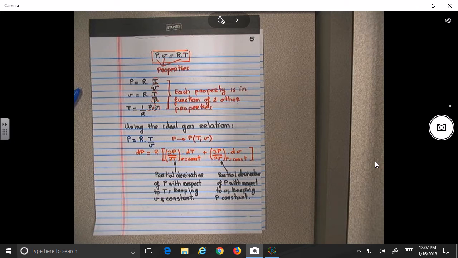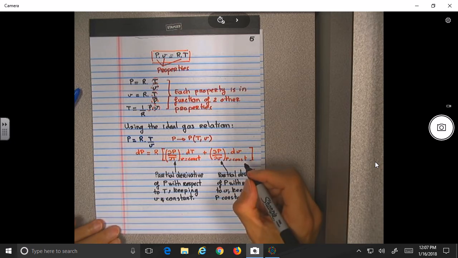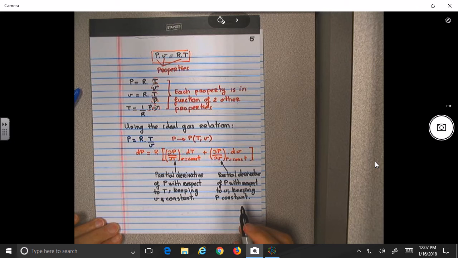Keeping T, what did I do here? Oh, V, keeping P constant.